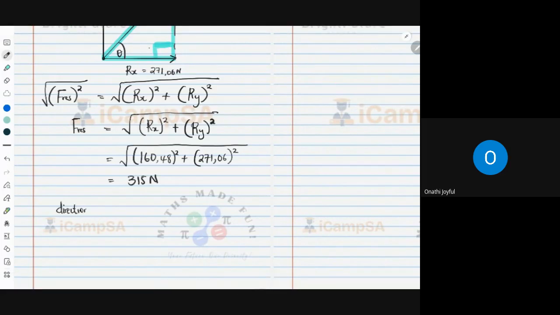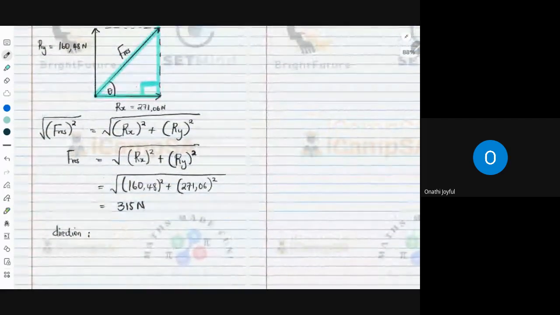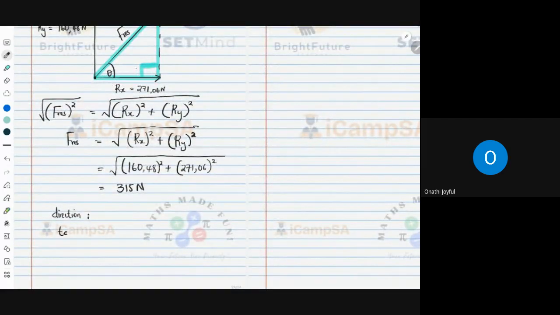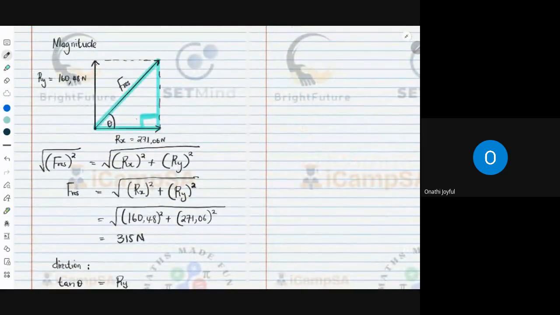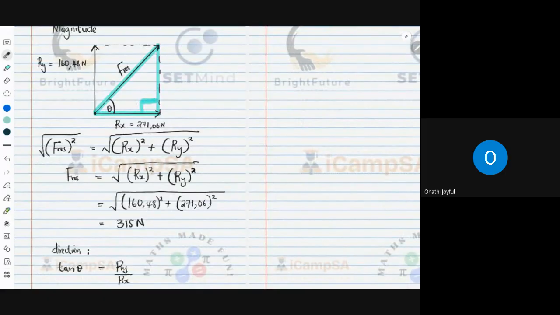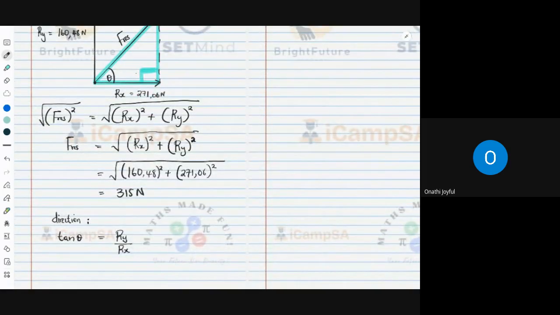So with the direction, I want you to always know that tan theta is Ry over Rx. Always, okay? Unless, of course, it's some trick exam question where you don't have Ry, but you have Rx and F_res or something like that, and you have to find theta in a different way.